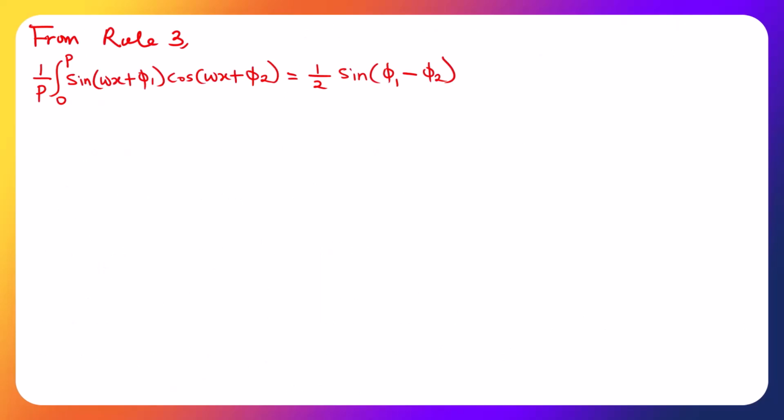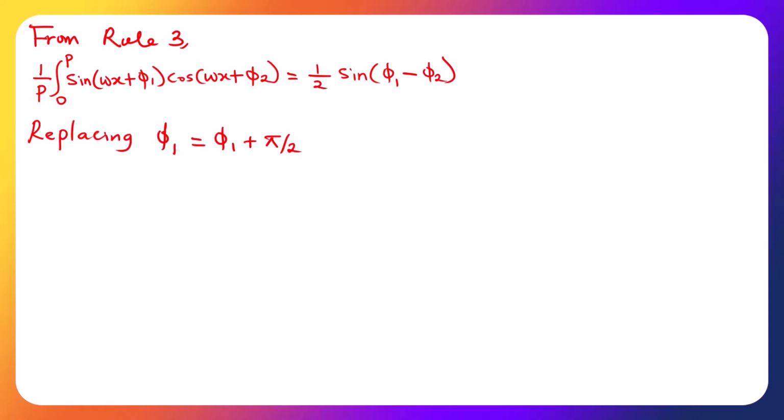So now from rule 3, we also know that 1 over p, the integral from 0 to p of sine of omega x plus phi 1 cos of omega x plus phi 2 is the same as 1 over 2 sine of phi 1 minus phi 2.